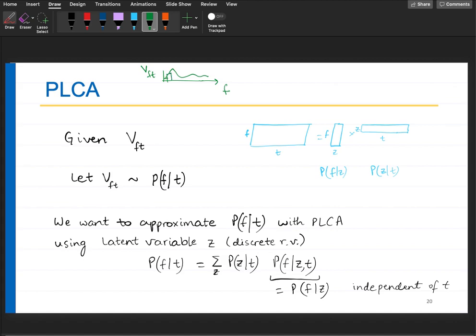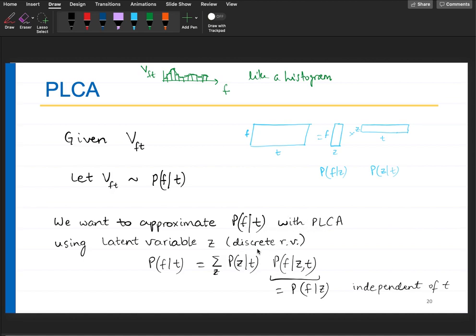So compare it with a histogram. Very important, your V_FT is like a histogram. And we want to approximate P(F|T) with PLCA.